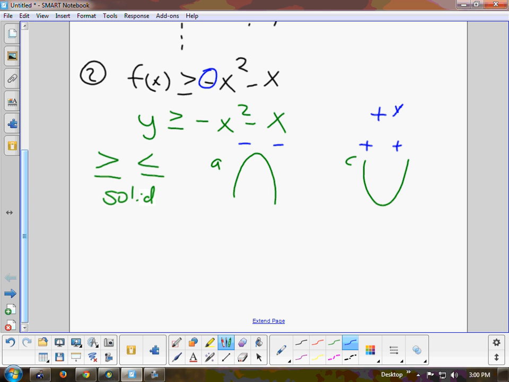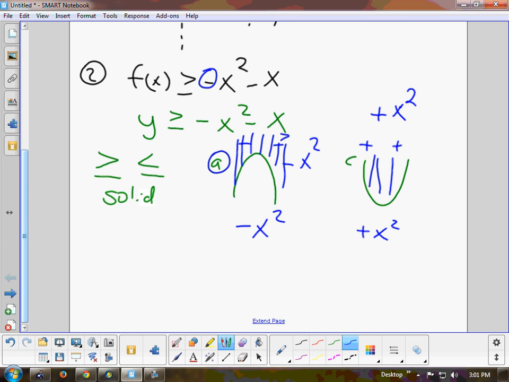A plus sign in front would be a happy face parabola, and the minus sign in front would be here for choice A. Also, for choice A, the shading is above the graph, hence the greater than sign. And the shading for C is also above. So the only difference is the minus x squared versus the positive x squared. And for this particular one, A is the choice.